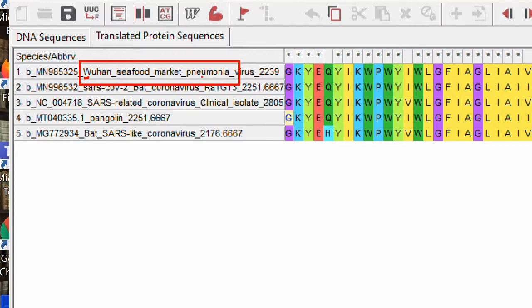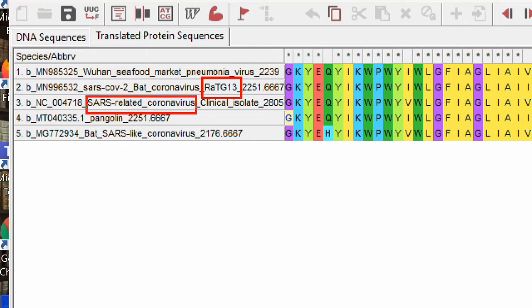Then we've got this famous, rather infamous bat RaTG13, bat coronavirus, the closest relative to the SARS-CoV-2 in terms of the S protein. Then we have SARS-1 sequence, then pangolins. And we have also one more bat SARS coronavirus.